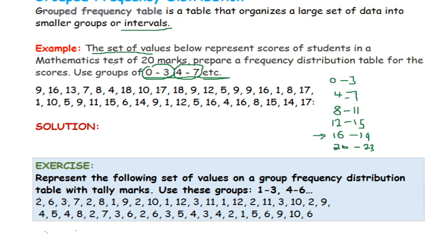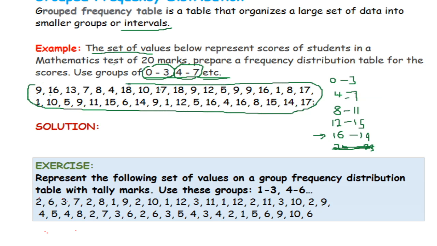But I won't use this one. I'll stop at 16 to 19 because the highest value in the data I'm giving is 18. So there are no scores between 20 and 23. The highest score is 18, and 18 falls between 16 and 19.